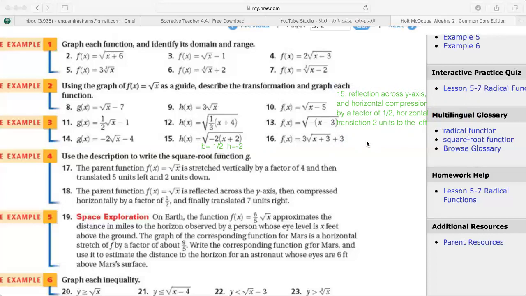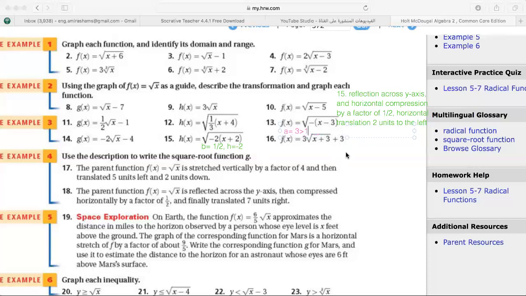16. 16 also is a mix. Okay, 16. Factor multiplied by the whole function, so it is vertical compression or stretch, and the factor is a. A here is 3, which is greater than 1, so it will be vertical stretch.